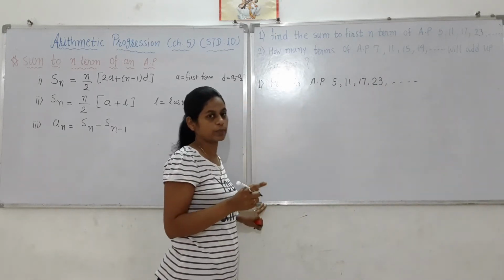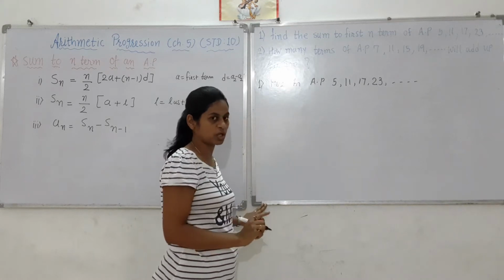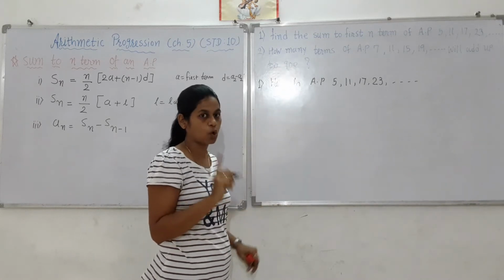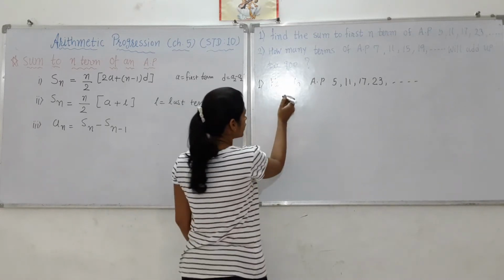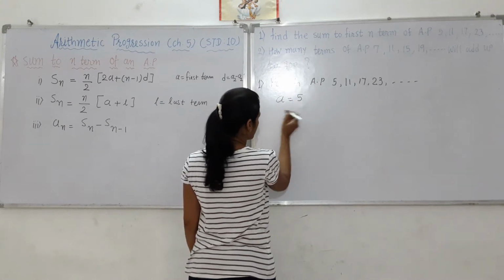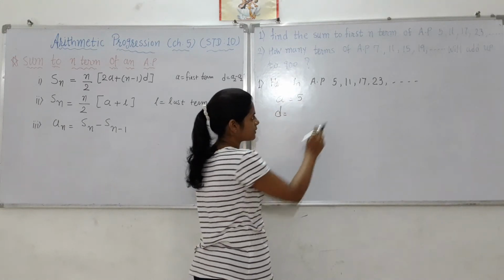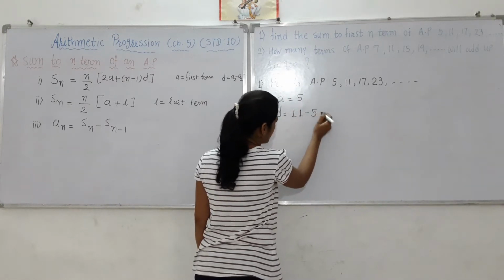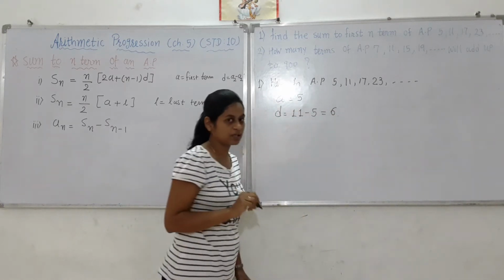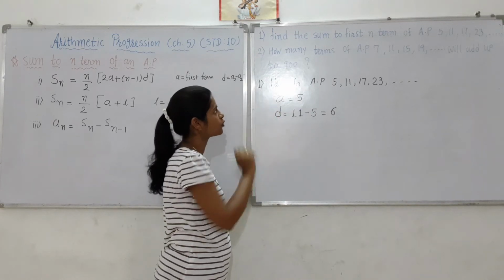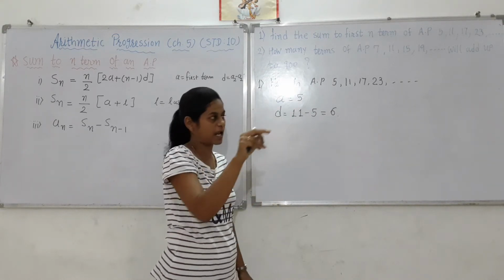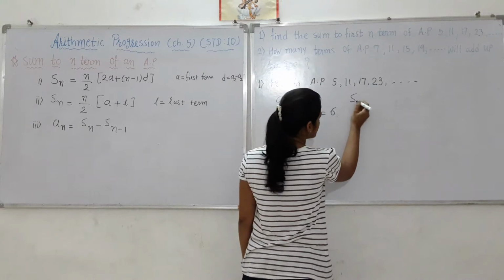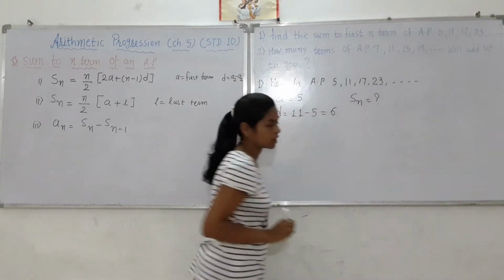First of all, you should write the given arithmetic progression, then its first term a and common difference d. So what is your a here? 5. Common difference d, that means second term minus first term: 11 minus 5, this is 6. After writing the given things, what do you want to find here? The sum to the first n terms, that means Sn is equal to question mark.